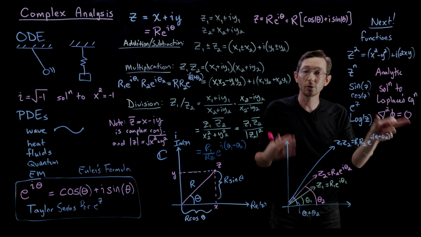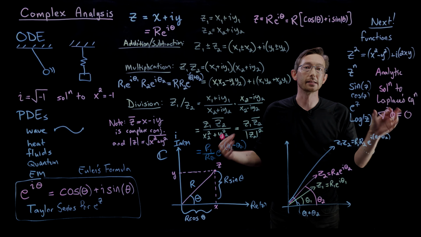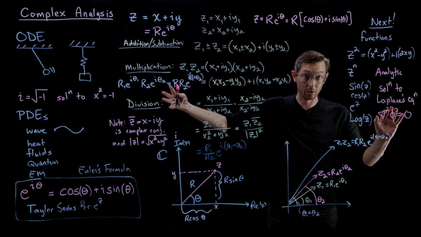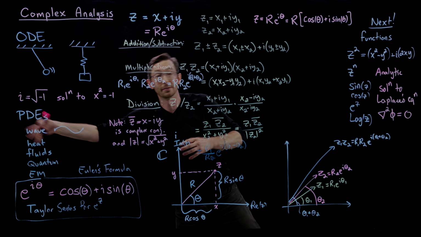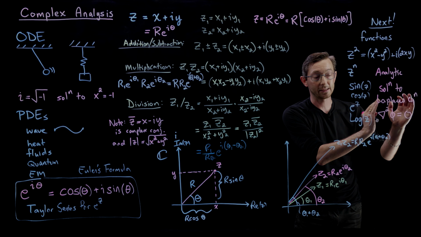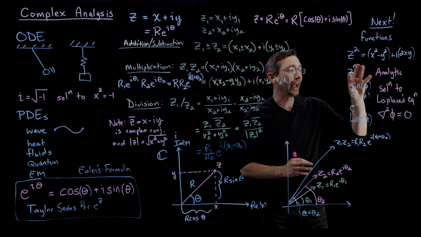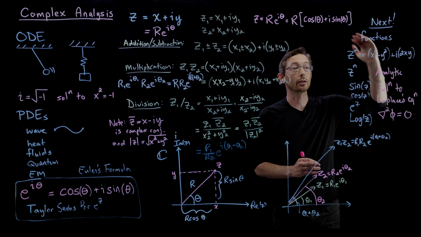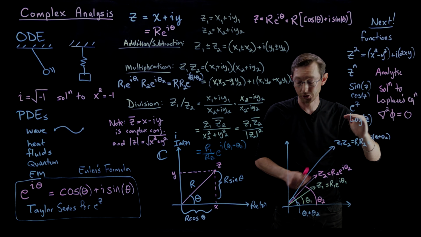And this, again, is hugely important. These are the building blocks of electromagnetism, of the heat equation, of the wave equation, of all of partial differential equations. Much of partial differential equations is built on Laplace's equation. And the solutions of Laplace's equation are the real and the imaginary part of these analytic complex functions.